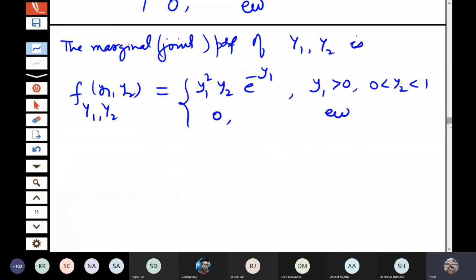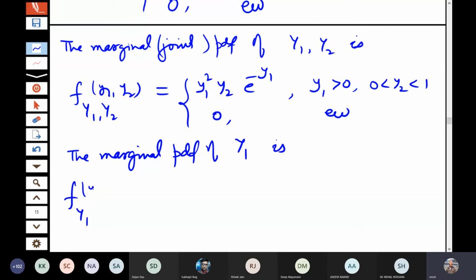If I integrate with respect to y2, so the marginal PDF of y1 is, I will get 1 by 2 y1 square e to the power minus y1.